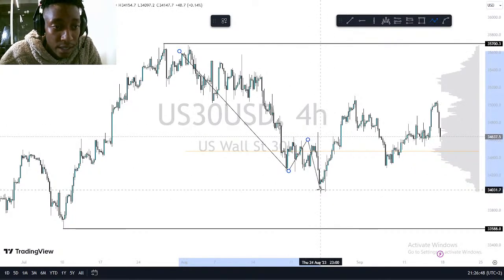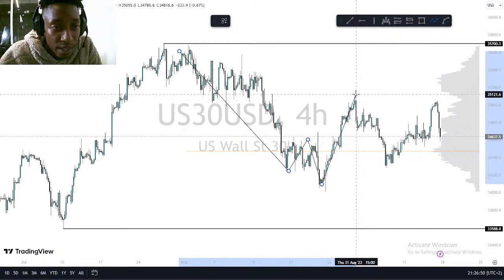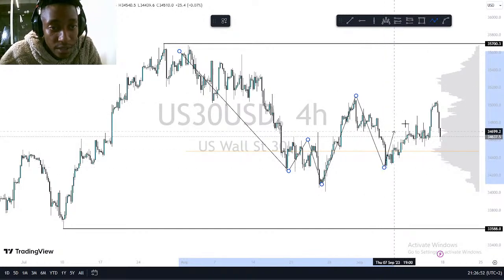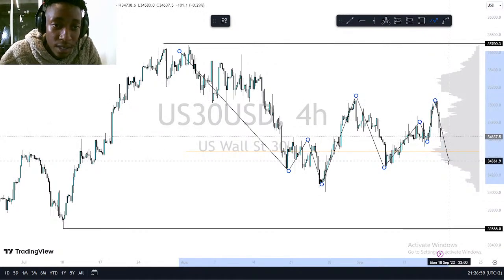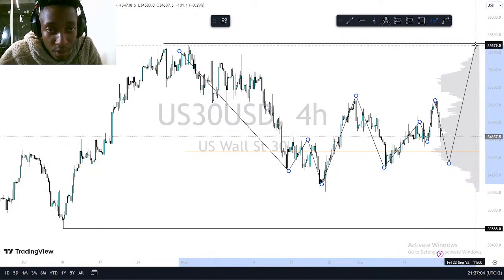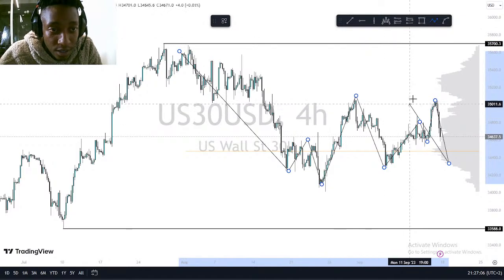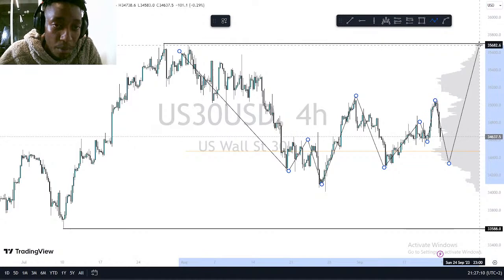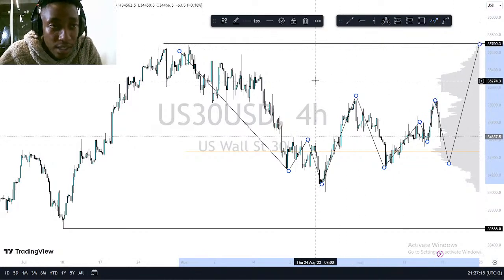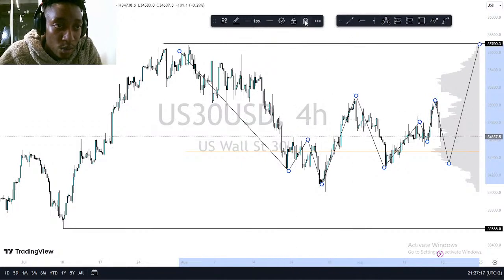The market has been breaking structures to the downside, but from there the market started pushing. At some point we are expecting the market to keep pushing until it takes out all the liquidity that's been formed here, and probably it's going to react on this low. That's what we are expecting for this week.